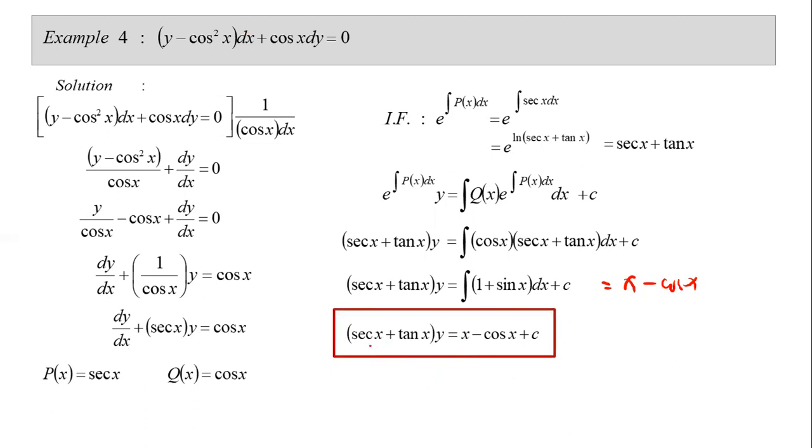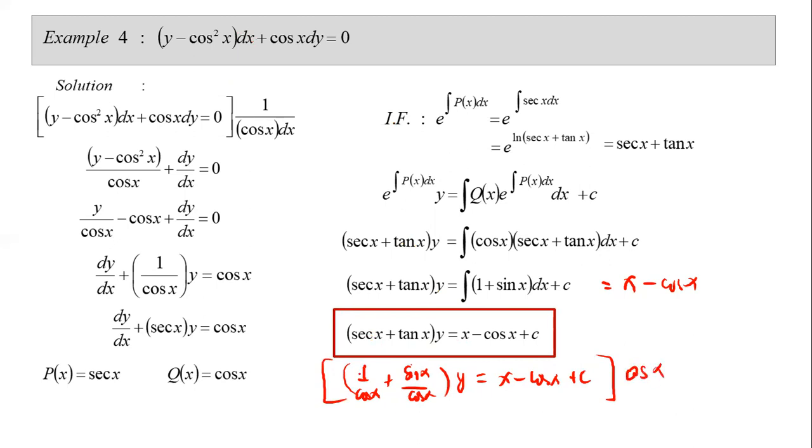You can simply write this in terms of sine and cosine. So again, if you want to write this in terms of sine and cosine, that secant x, you write it as 1 over cosine of x plus tangent of x, that's sine of x over cosine of x. And then you just simply affix y equals x minus cosine of x plus c. And then you just multiply everything by cosine of x.